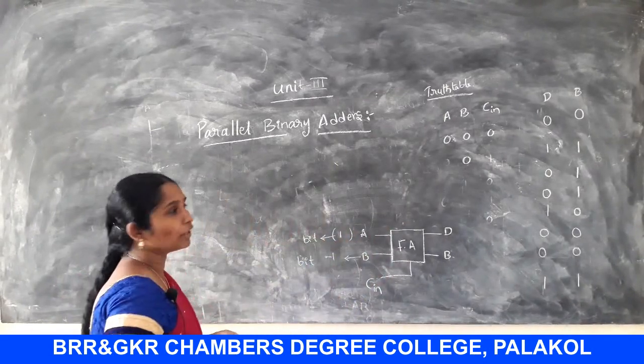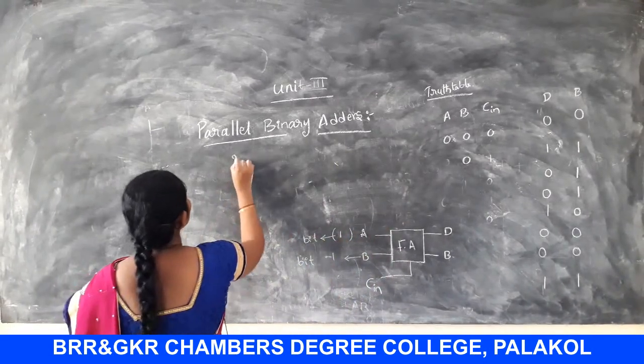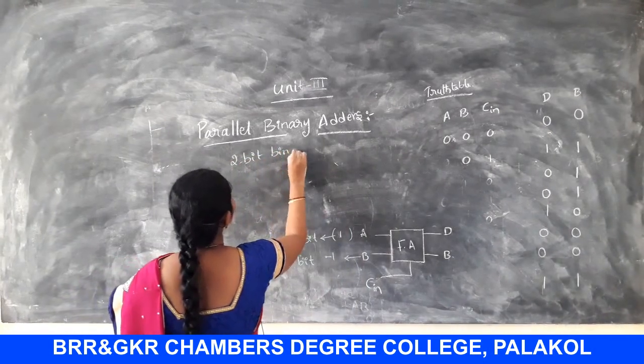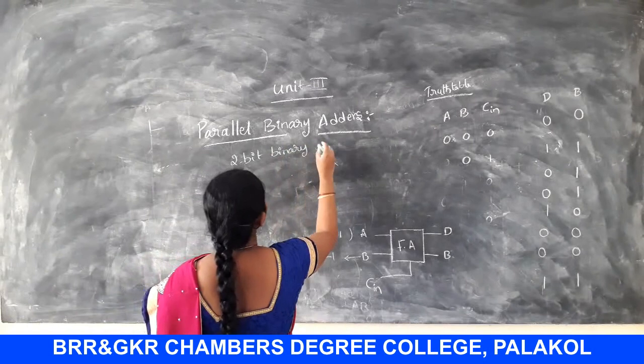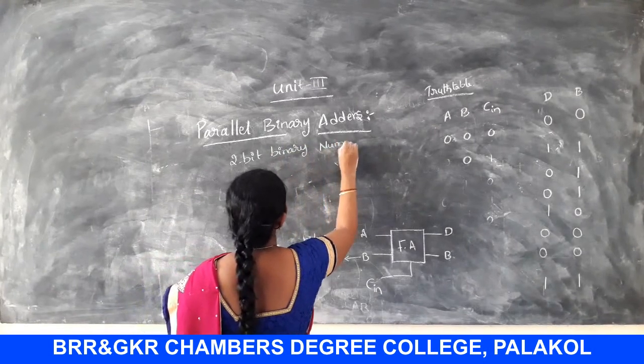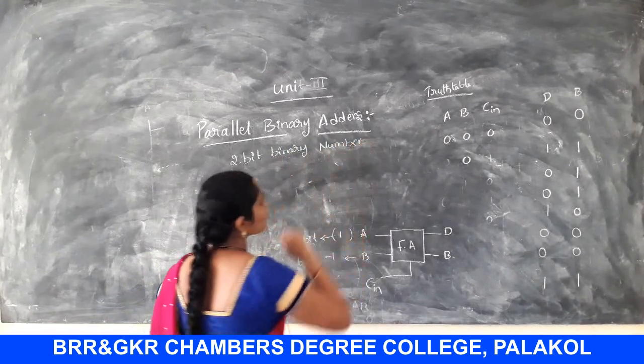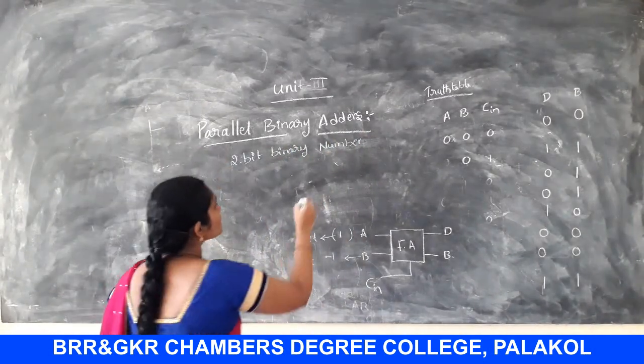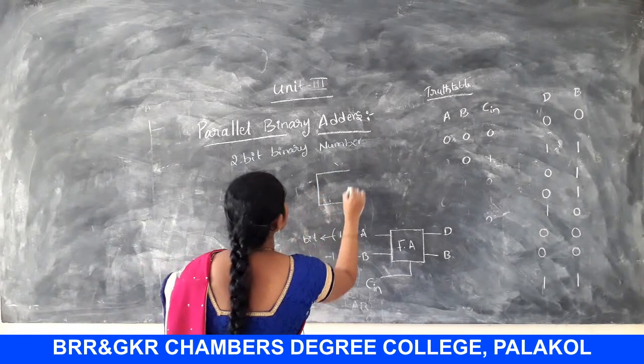Okay. So, for 2-bit binary numbers, the number of full adders required for this parallel adder is 2 full adders.